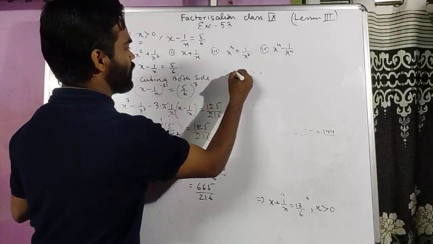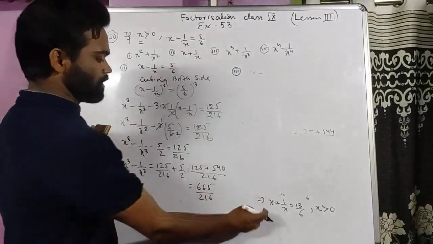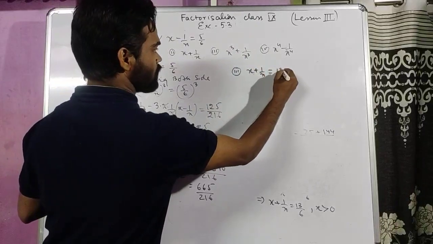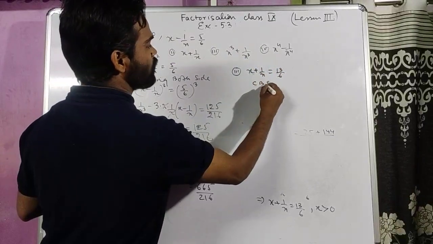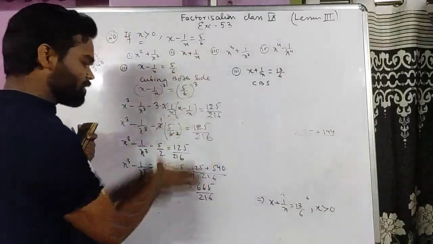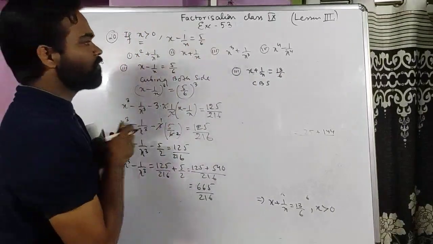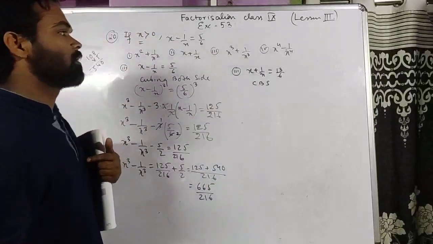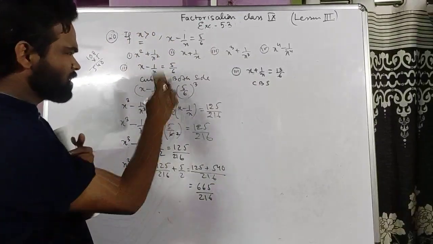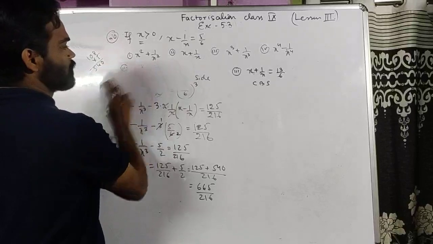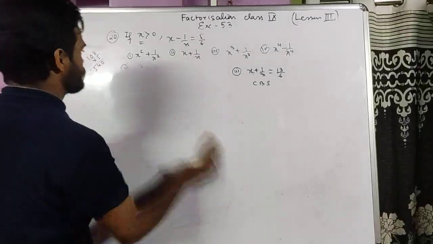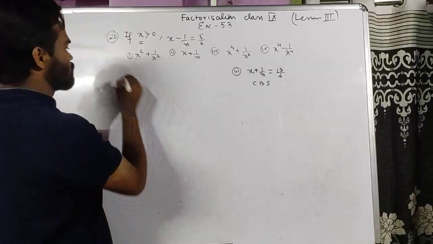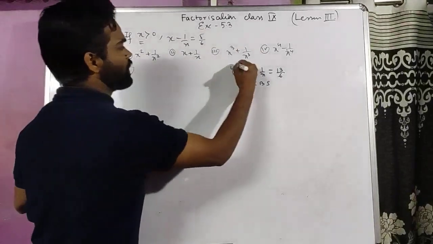So third part, x plus 1 by x is equal to 13 by 6. Cubing both sides, you proceed as we have done. You will get the value of x cube plus 1 by x cube. Similar way, now we'll do the last part. This you try on your own.